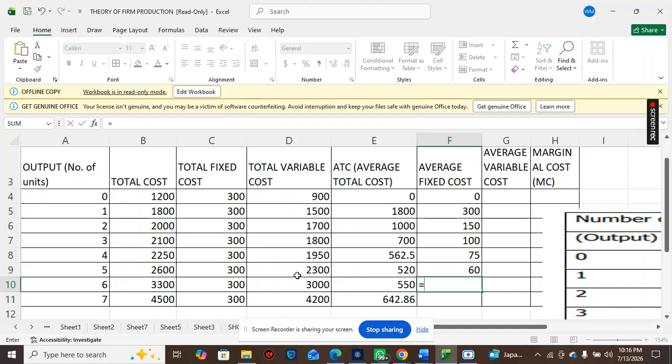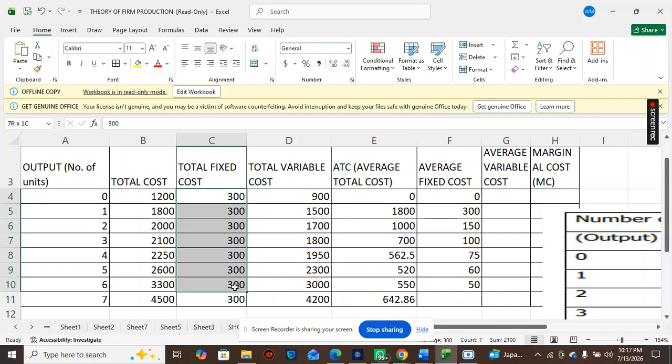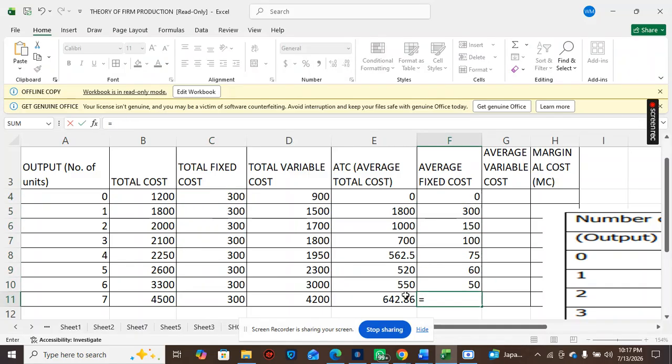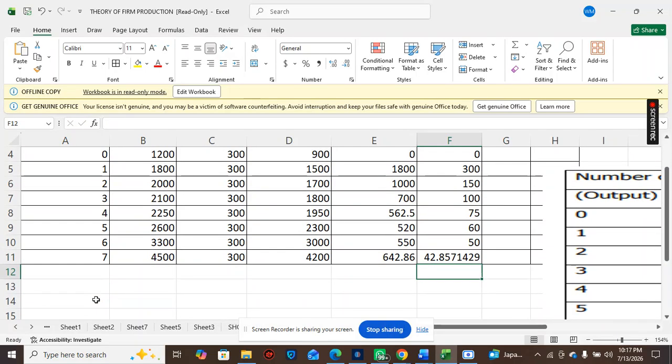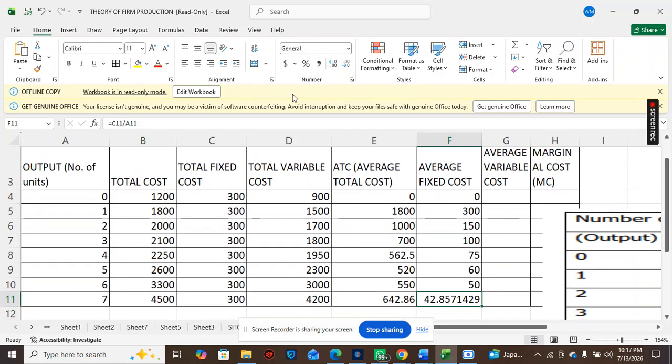When we produce 6 units, the fixed cost is still 300, but the average fixed cost is dropping. When you produce 7 units, 300 divided by 7, 42.8571. All right. So here, as you can see, our average fixed cost is dropping.